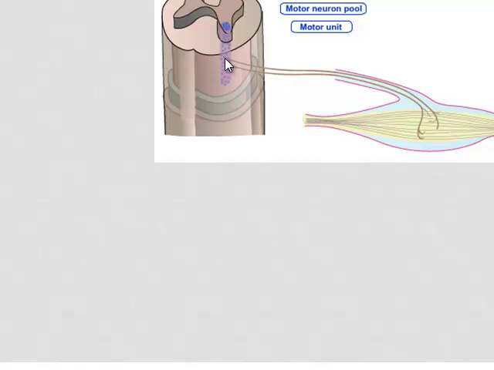But if we take each individual fiber in a muscle, each one of these little strands of fiber is innervated by one and only one motor neuron. So the combination of an individual motor neuron and all the muscle fibers that it innervates is what we call a motor unit.